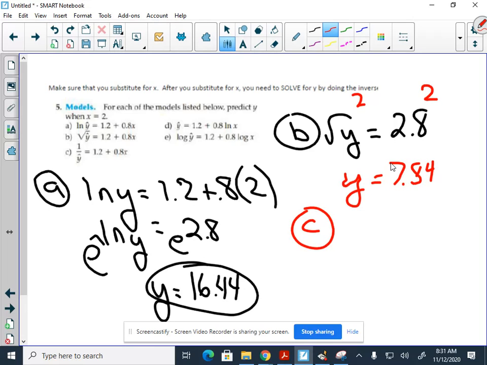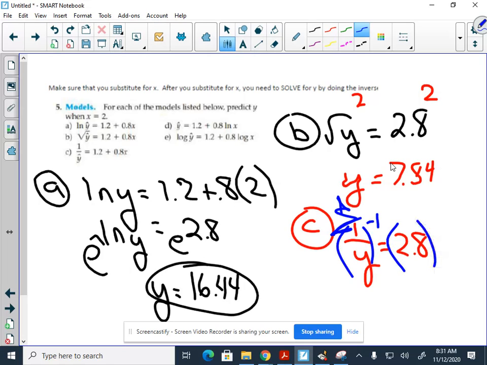C says 1 over y equals 2.8. And you say, why is it always 2.8? It's the same equation over there. So if I continue to put 2 in, I'm getting the same thing. D is going to be a little bit different, so be careful there. But how do I undo this? This is a reciprocal. So you can either do 1 over that, that's going to do the reciprocal, or you can raise it to the -1 power.